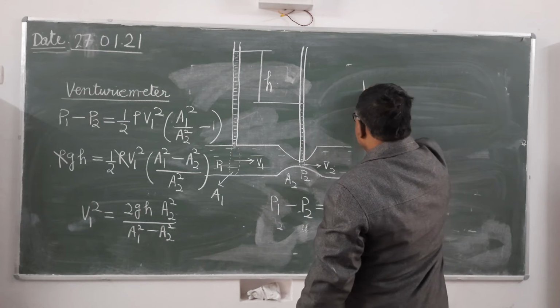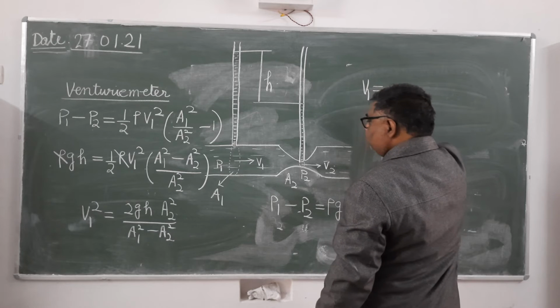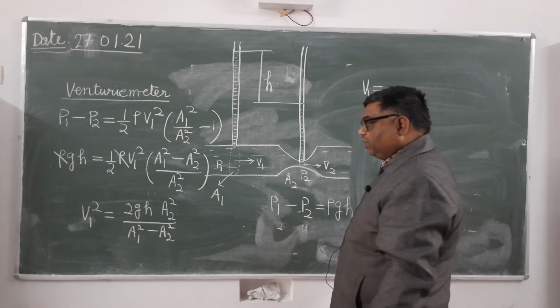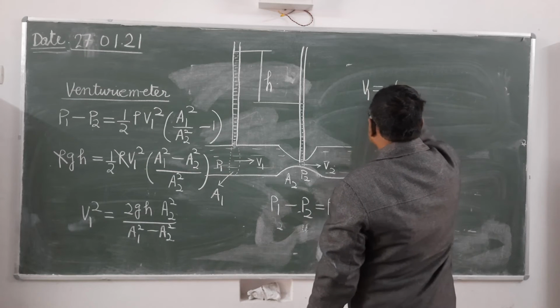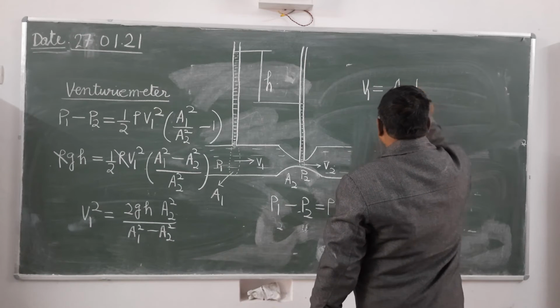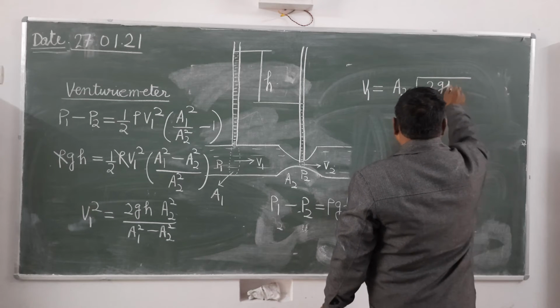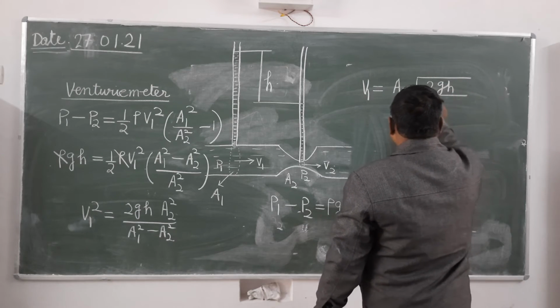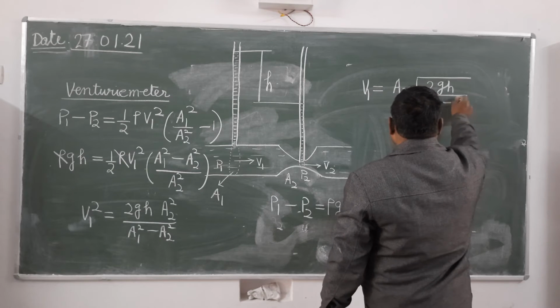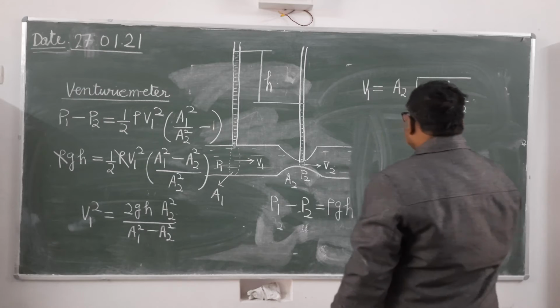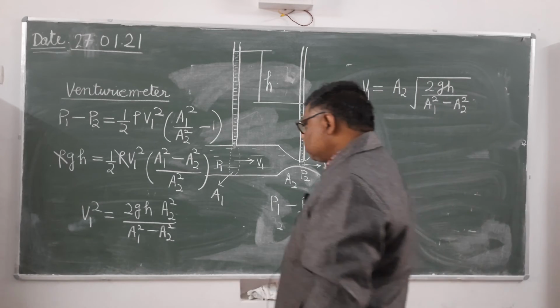So what will be V1? When you take the square root, V1 will be equal to A2 within square root sign 2gh upon A1 square minus A2 square. So V1 we have calculated.